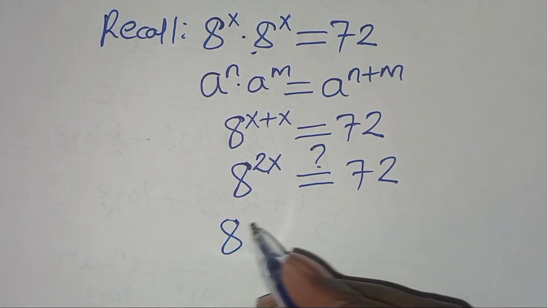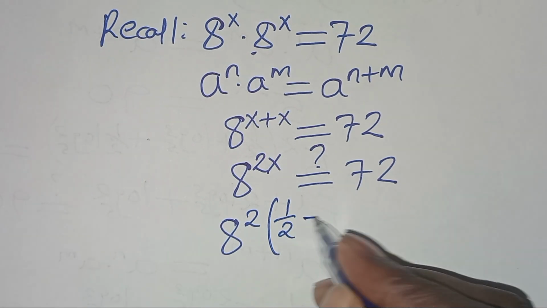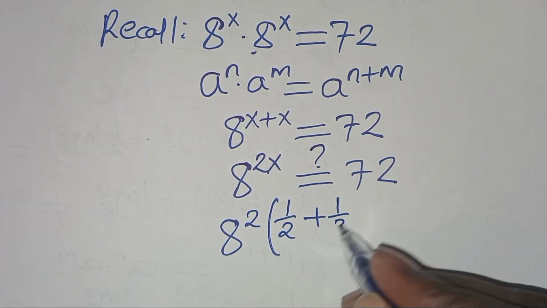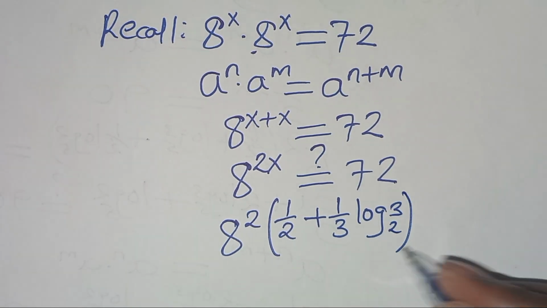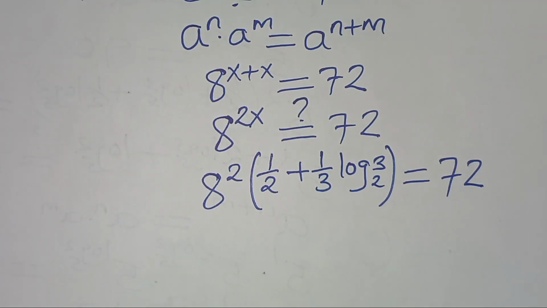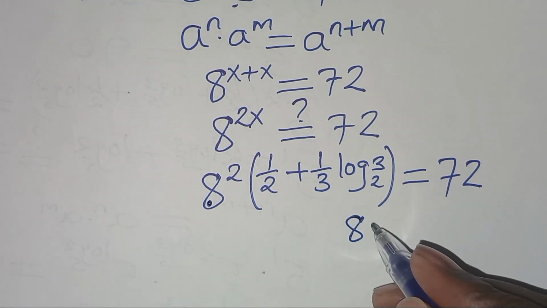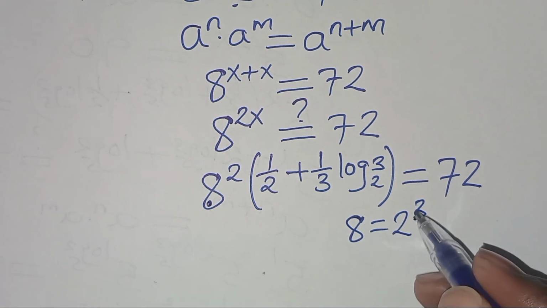We'll have 8 to the power 2 multiplied by x, which is equal to half plus 1 over 3 log 3 to base 2. This should give us a value of 72. So we can express 8 as basically 2 to the power 3. So let's substitute this.